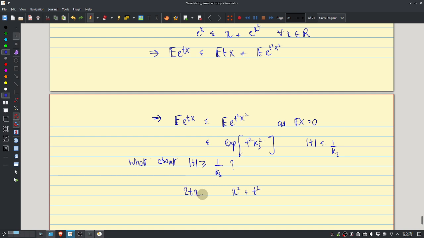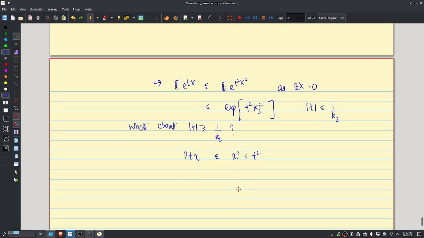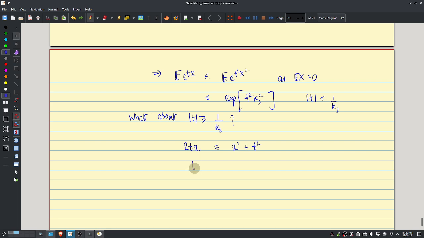What is the relationship between 2tx and x square plus t square? It's less than or equal to this, and why? If I move this to the right hand side, then I just get x minus t the whole square, which has to be greater than or equal to 0. So t times x is less than or equal to x square by 2 plus t square by 2.